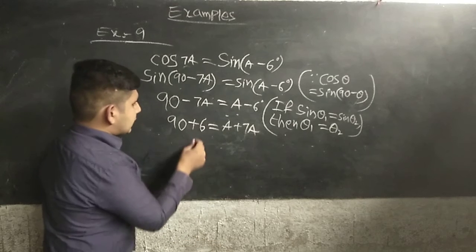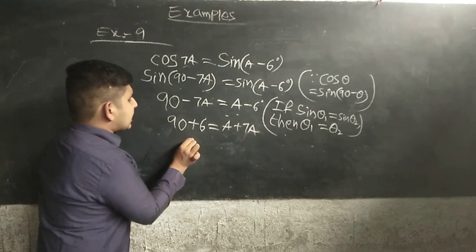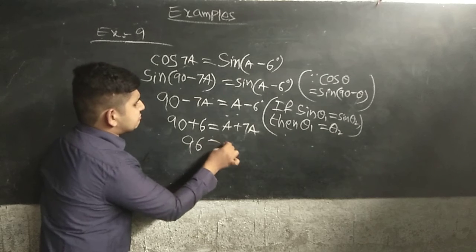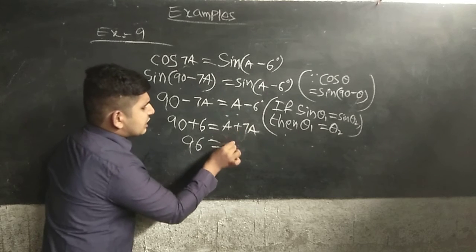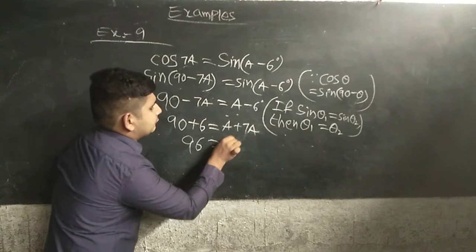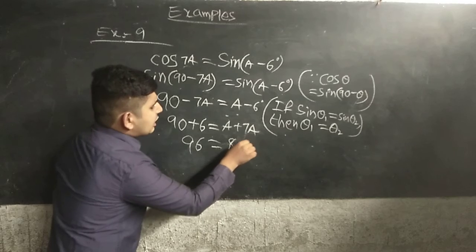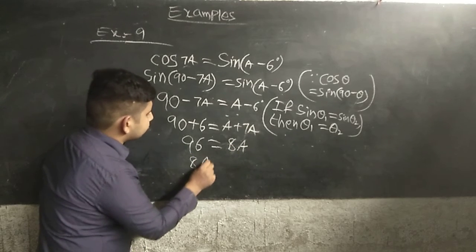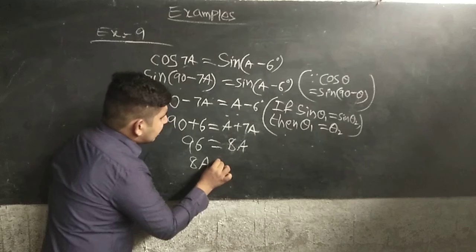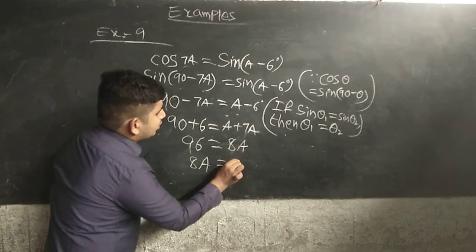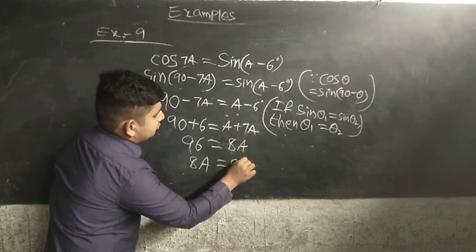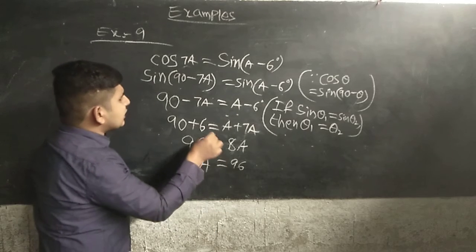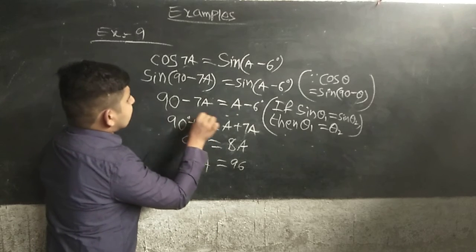Now 90 plus 6 equal to what? 96 equal to 70 plus A. So A equal to 96 degrees.